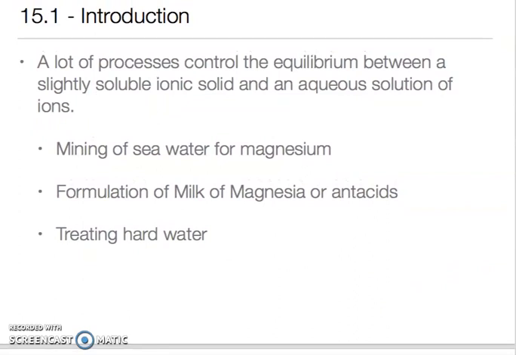We're going to try and find ways that we can either drive a reaction to dissolve ions in solution, or find a way to precipitate these ions out. So here are just a couple of ways that we use solubility rules, or driving this equilibrium in a given direction, to our advantage. First, the mining of seawater for magnesium.